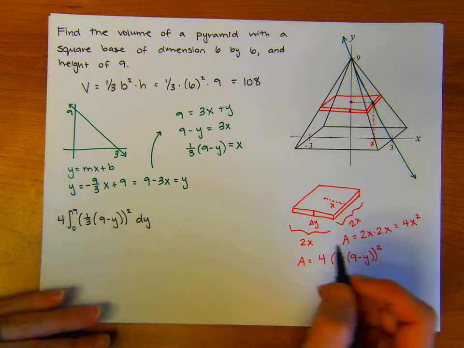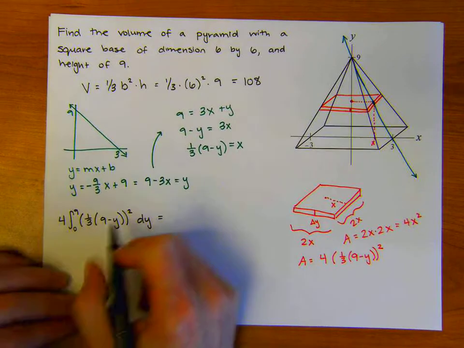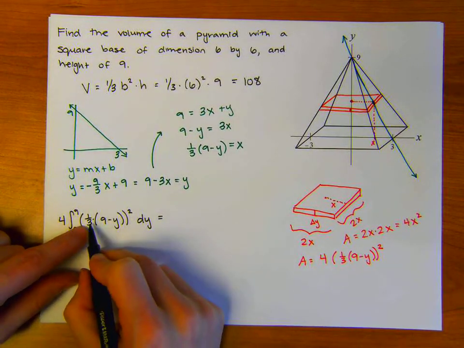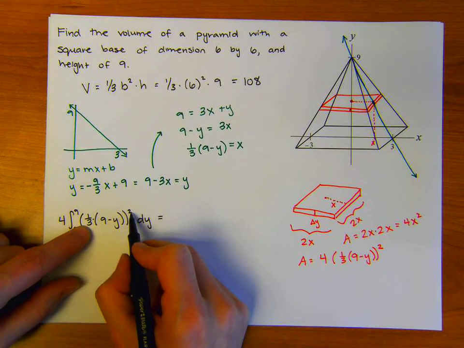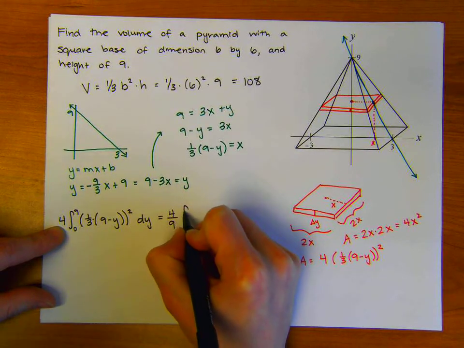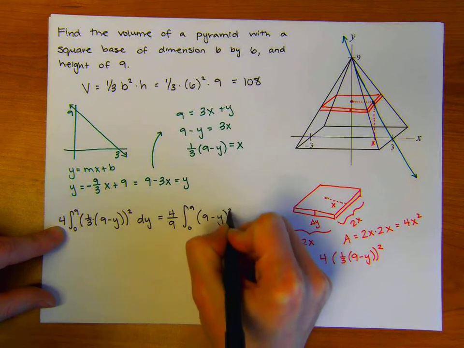Okay, so let's integrate. I'm going to start by simplifying the integral here. Remember, if you have a multiplication and you're squaring it, we square the first thing and square the second thing. So 1/3 squared would be 1/9. I'm going to pull that 1/9 out in front, and then we get (9 minus y) squared.